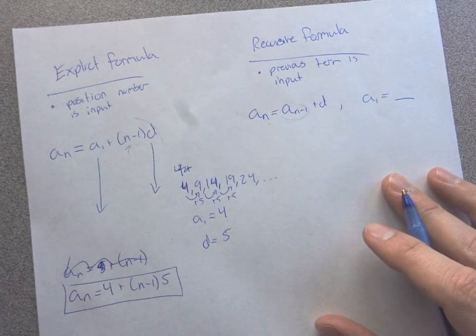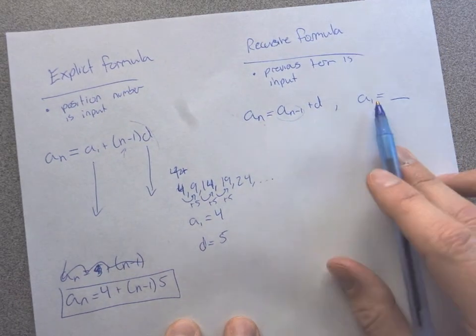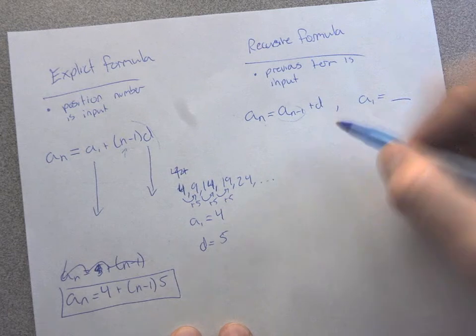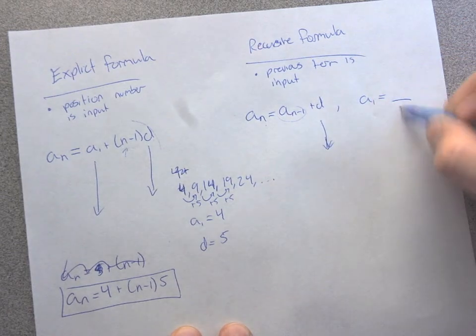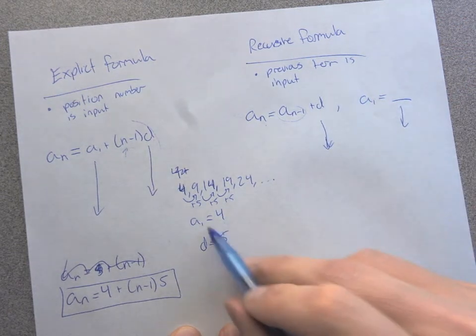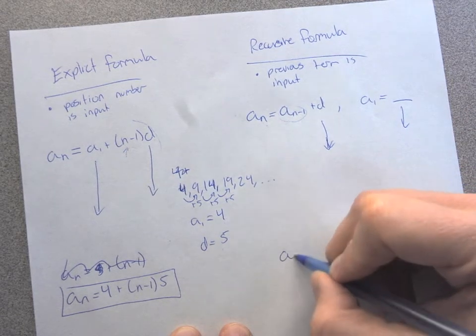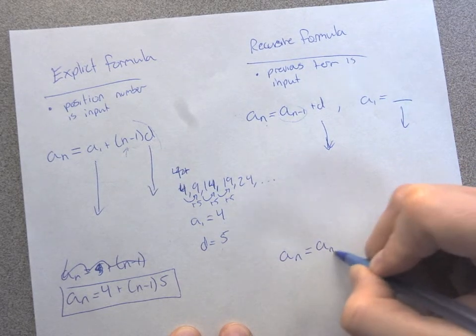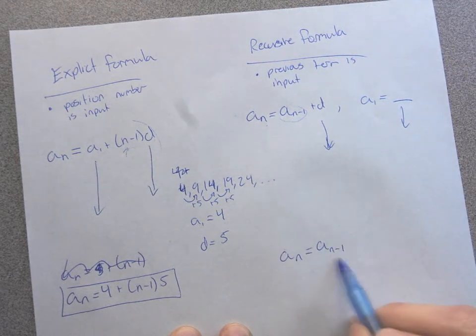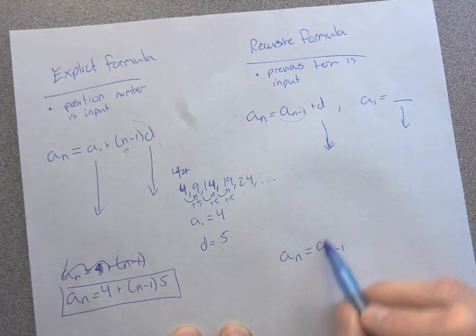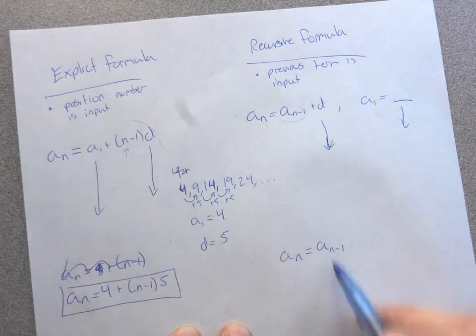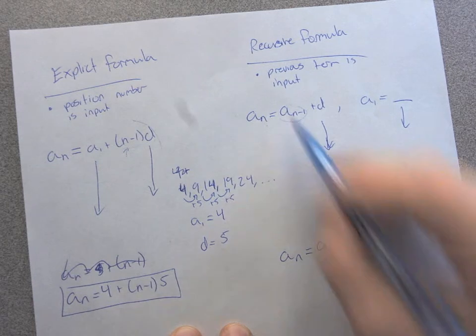Now for our recursive, we do the exact same thing. It's a little bit different of a template. We just replace this guy, and then we fill in the blank here. So we got a1, and we got d. The recursive formula looks like this: a_n equals a of n minus 1. Now again, we don't replace anything here, we just bring it down.